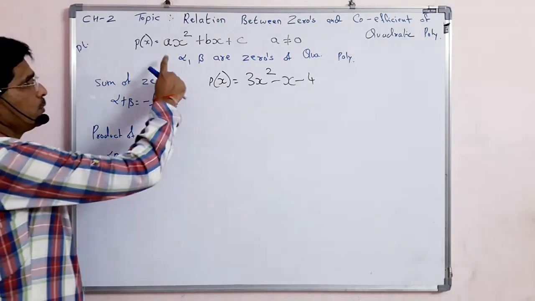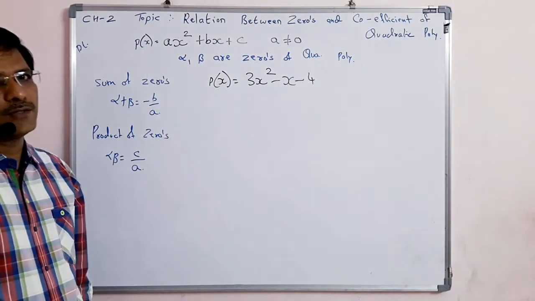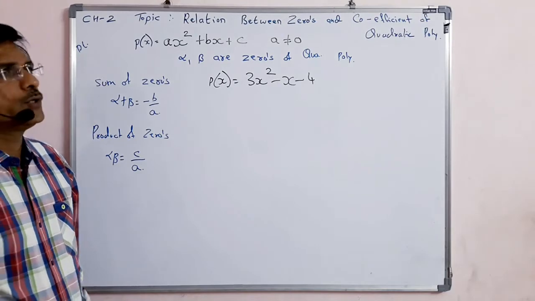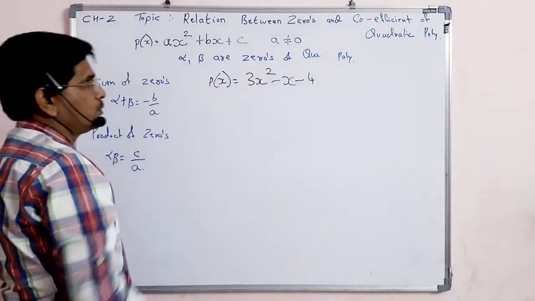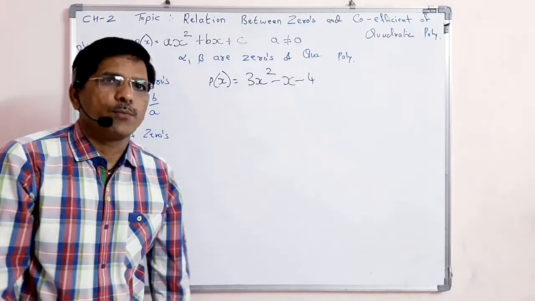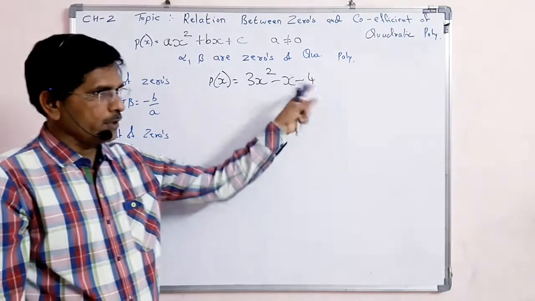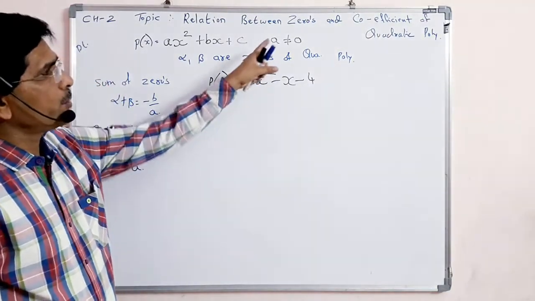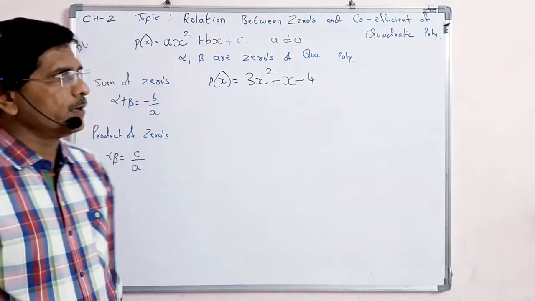Now there are two zeros. We know that a quadratic polynomial has two zeros at most. So we can take alpha and beta as the zeros of the quadratic polynomial. So there is a relation between the zeros and the coefficients of a quadratic polynomial.